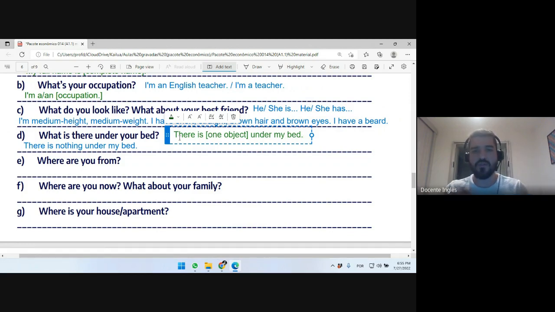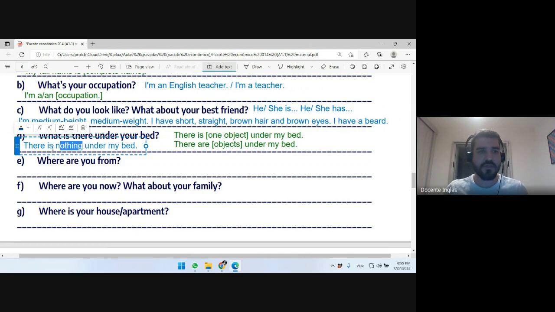If there are two, three, four, many objects, we have to put in the plural. There are the name of the objects under my bed. Remember, there is singular, there are plural. Nothing is singular, so we use there is.